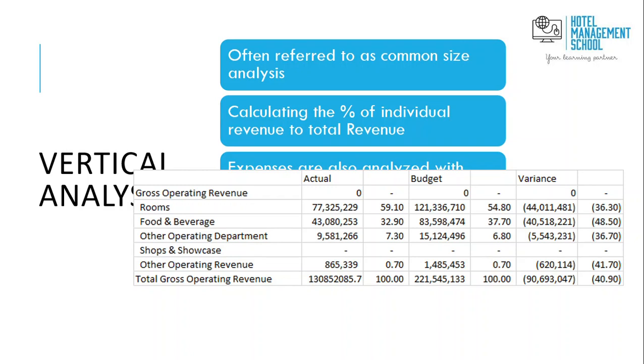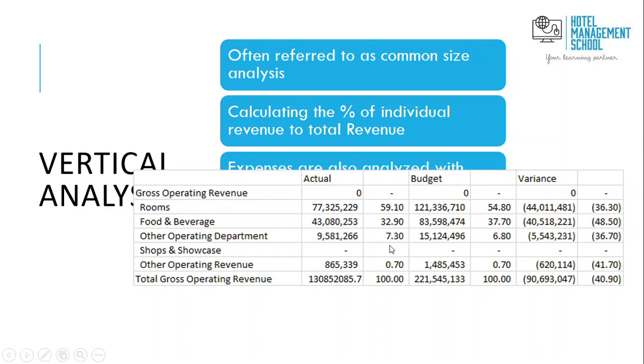Here you can see again the way of analyzing is different. We are trying to analyze in a different perspective. We are comparing as a contribution. Now, the contribution of room revenue is 59% compared to the previous year, which was 54 and 37%.